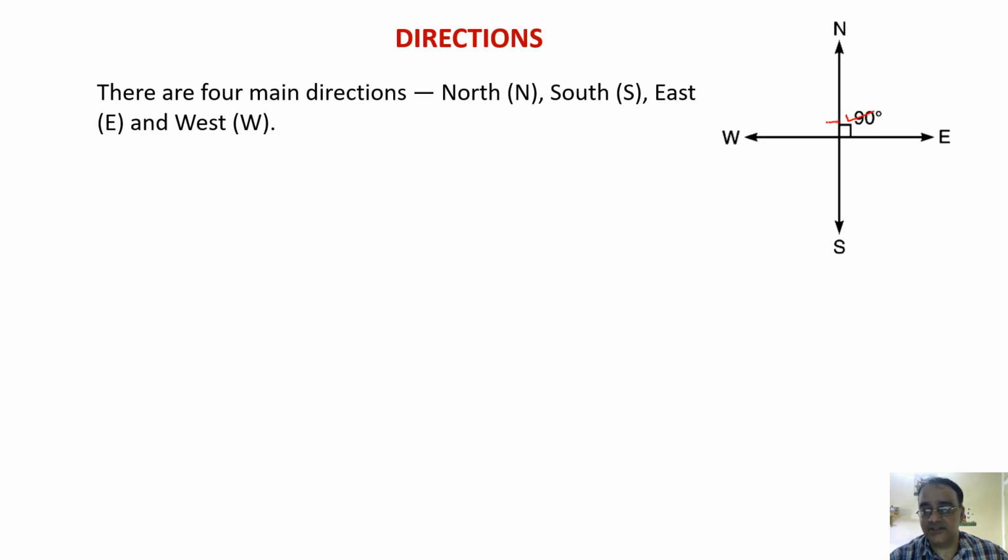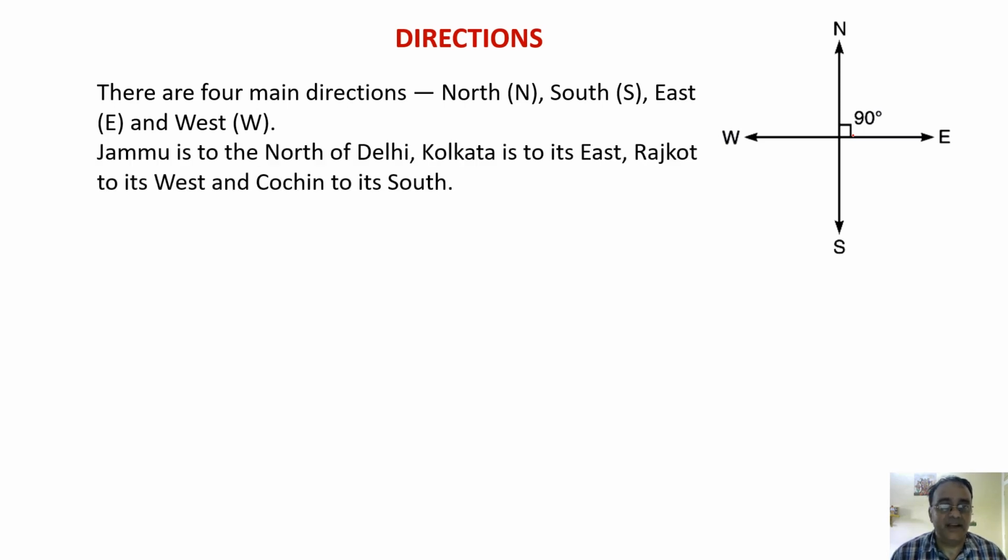So this is also 90, this is also 90, and this is also 90. So all are right angles, okay. So Jammu is to the north of Delhi, and Kolkata is to the east, and Rajkot is to the west, and Cochin to its south. Like that we will decide the direction.